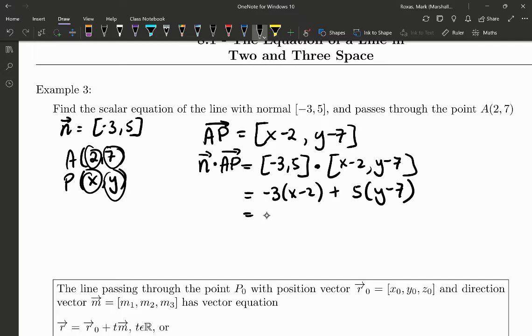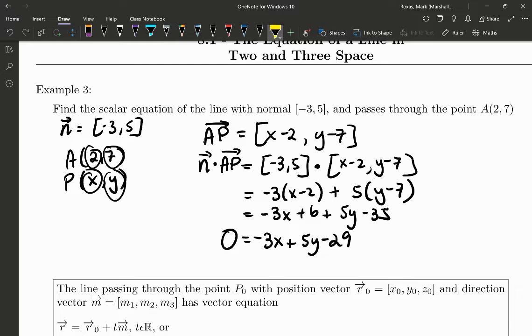Expanding and simplifying results in negative 3x plus 6 plus 5y minus 35, and that's equal to negative 3x plus 5y minus 29, and we know that dot product is supposed to equal 0. I know it's equal to 0 because the dot product between a normal vector and the vector should be 90 degrees.